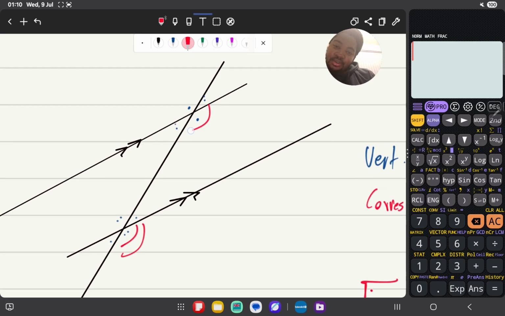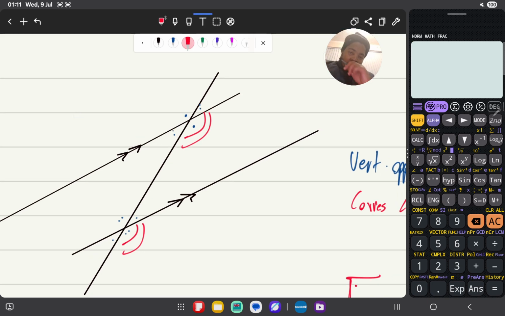It has to be equal to this angle, right? This is corresponding angles. Another pair is gonna be this angle. It will be equal to this angle.